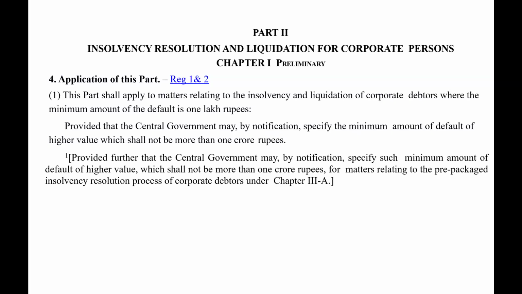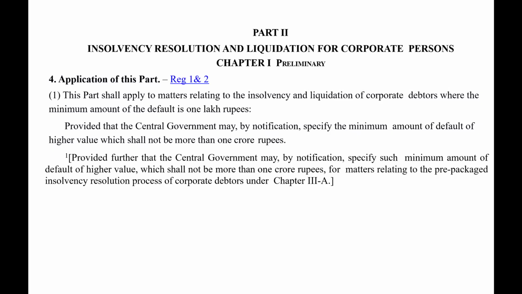But up to 1 crore, if they want to increase, they will issue a simple notification and the amount will be increased. Provided further that the central government may by notification specify such minimum amount of default of higher value, right? The value here is 1 lakh rupees. The central government can increase up to 1 crore rupees.